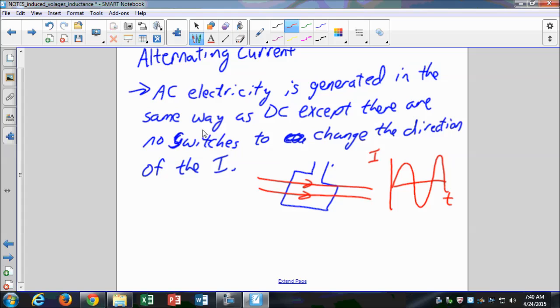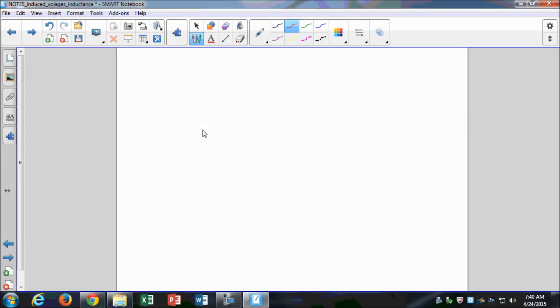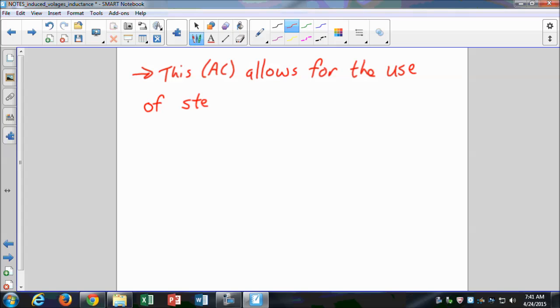The great thing about this is it allows the use of step down and step up transformers. This, meaning AC electricity, allows for the use of step up and step down transformers.